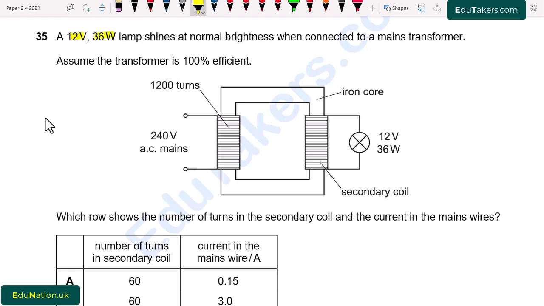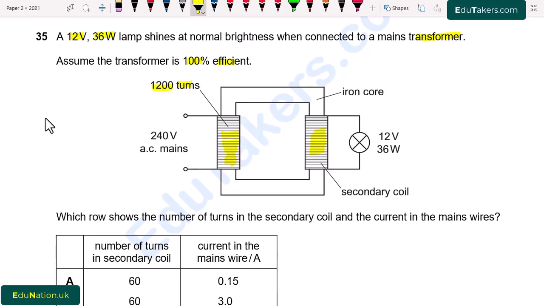Question number 35. A 12 volt 36 watt lamp shines at normal brightness when connected to a main transformer. Assume the transformer is 100% efficient. Here is a transformer which shows two coils, primary and secondary coil.